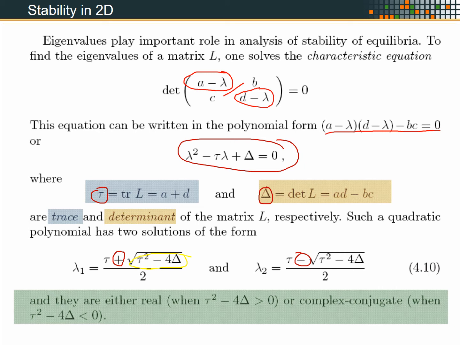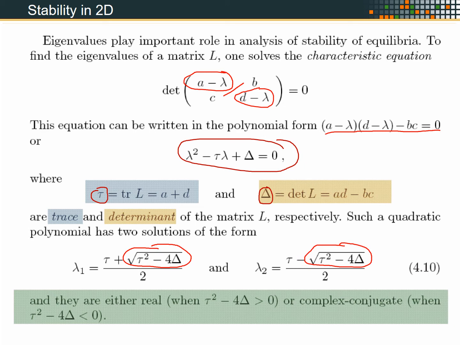In the next slide, we will show that this actually works if we extend the solution to complex numbers. The two solutions that we will actually get are so-called complex conjugates, because the second part will be an imaginary part, and the first part is real.